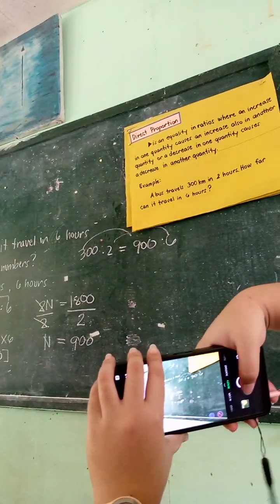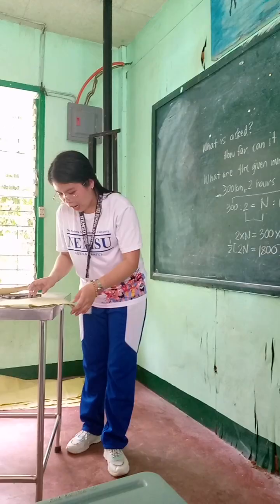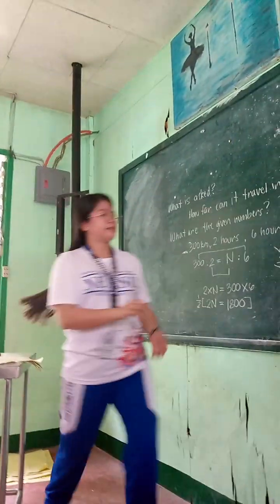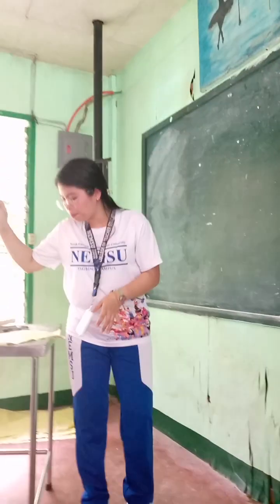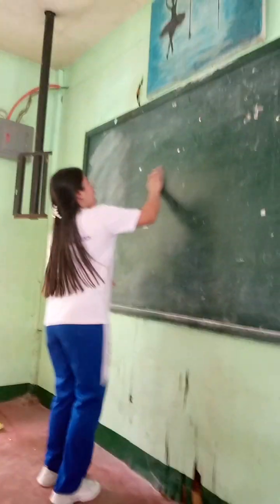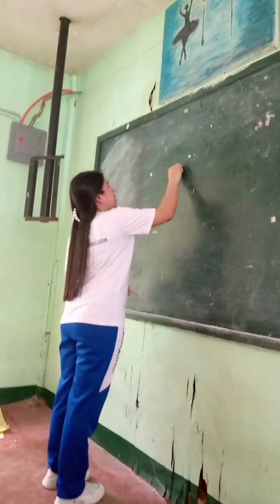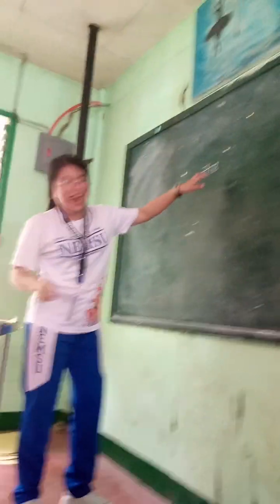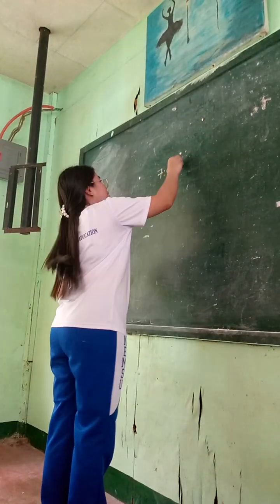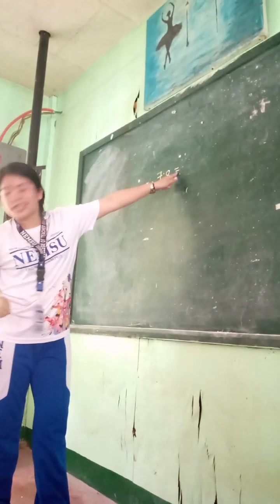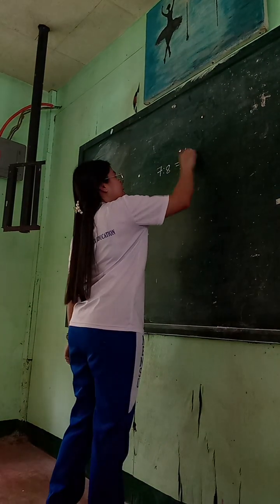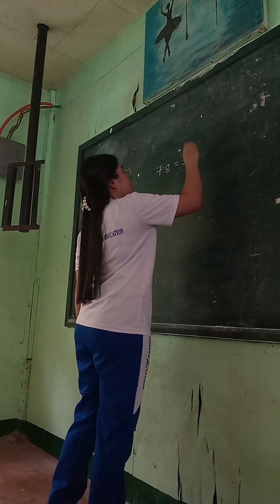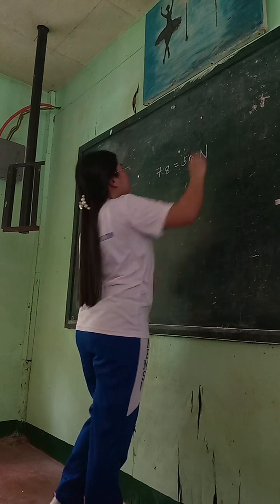Let us have another example. I have here 7 is to 8 as 56 is to n. Who can write it on the board?